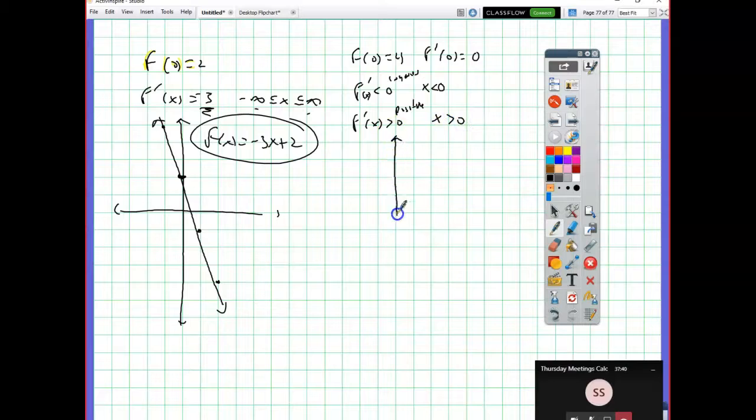So let's sketch this thing out. There's a point at (0, 4). 1, 2, 3, 4. There's a point there. Before that, I'm going downhill. What's that going to look like?